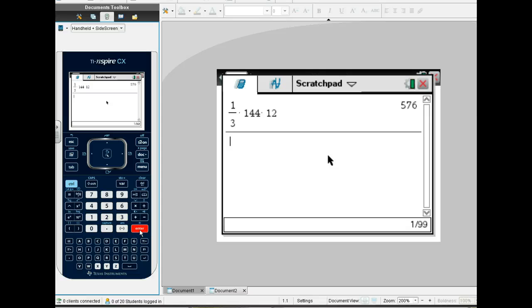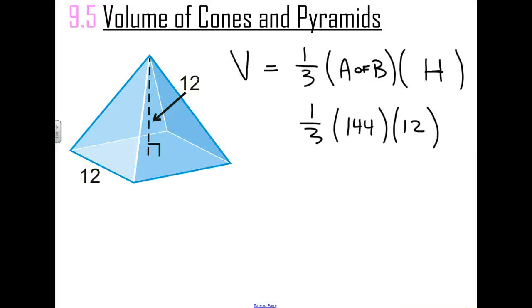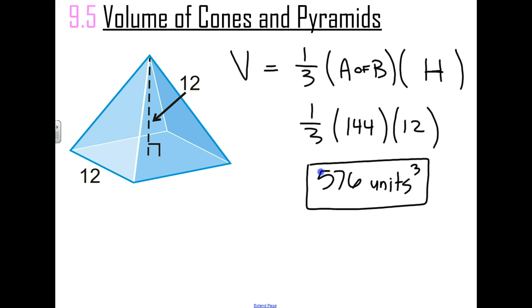Hit enter one time, and you end up with a volume of 576 cubic units. 576 units cubed. Okay. Any questions on that one? Square pyramid. So it's just like finding the volume of a prism, only multiplying by a third.